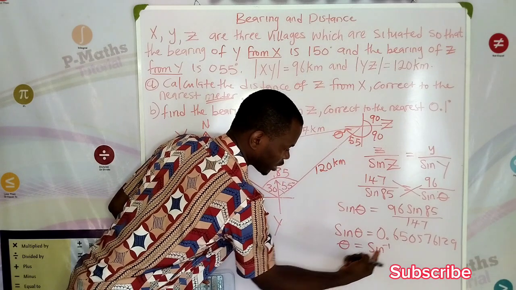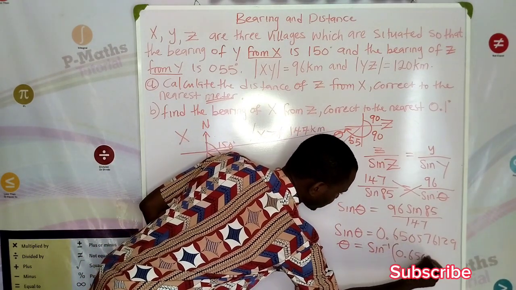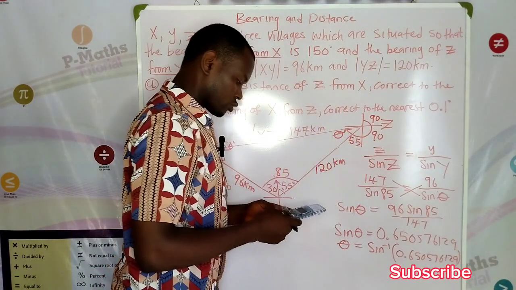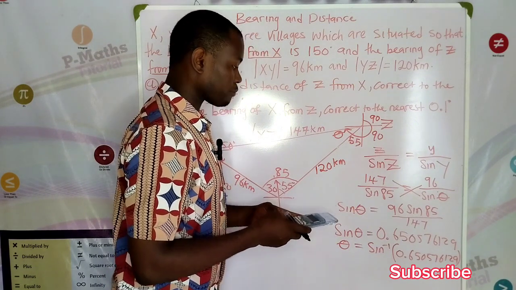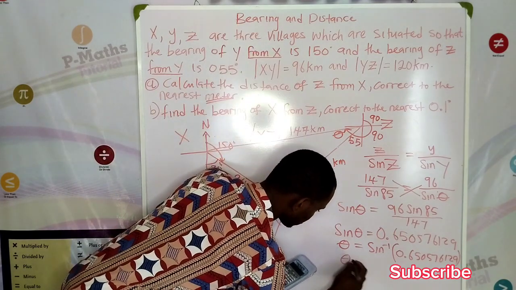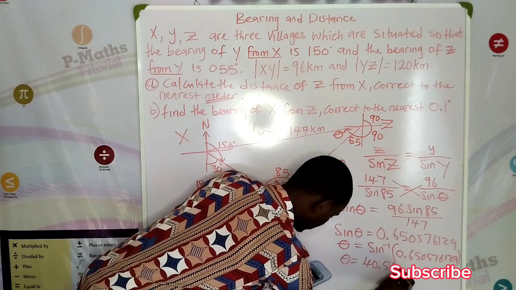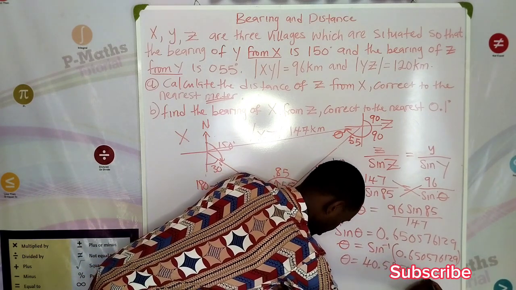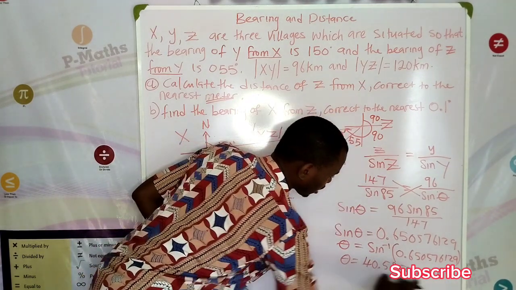You say sine inverse of the same number, 0.650576129. I would simply press shift and sine, then press all the numbers. We have theta to be 40.58505365.